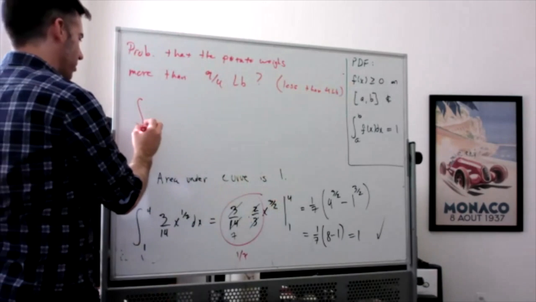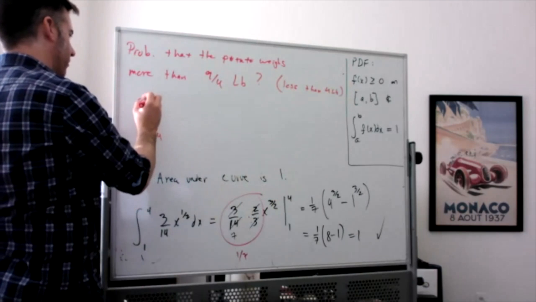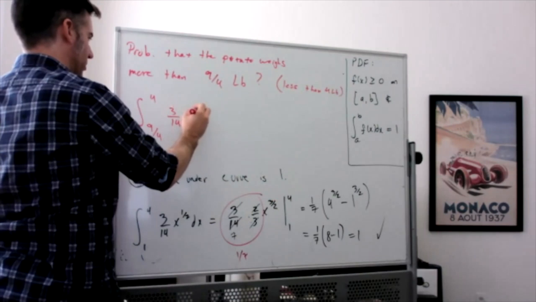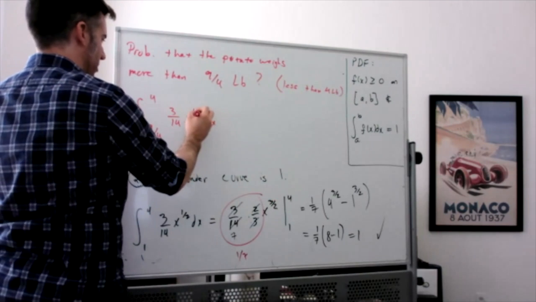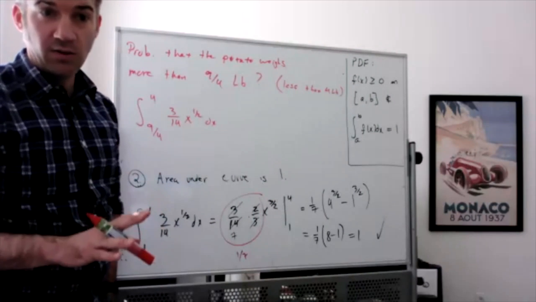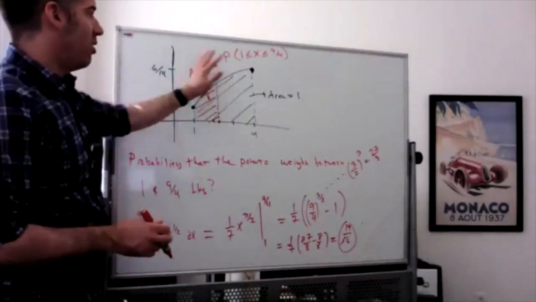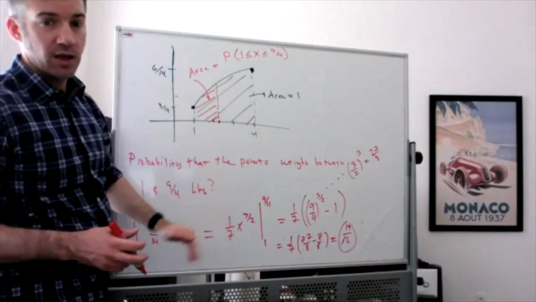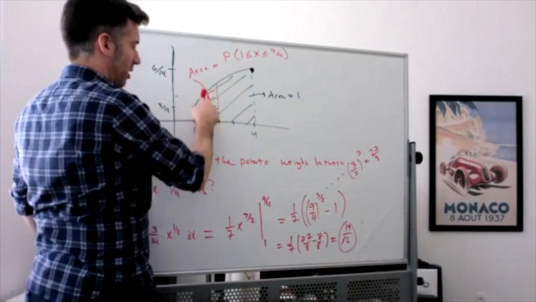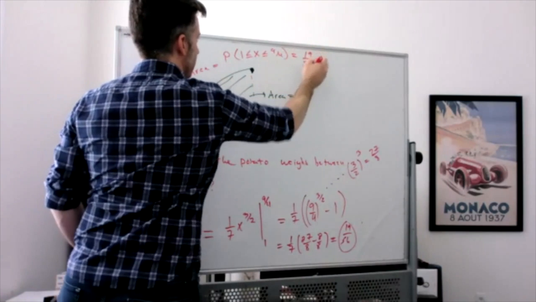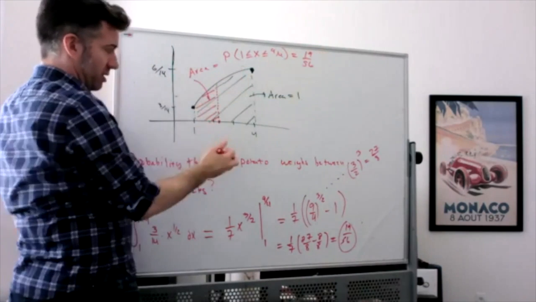So we could do the integral from 9/4 to 4 of the same 3/14 times x to the 1/2 dx. But we're not going to do that because we already know stuff. We already know that all this area is 1. We just figured out that this red area is 19/56. So I want to find this remaining part, which is what I'm asking, right?